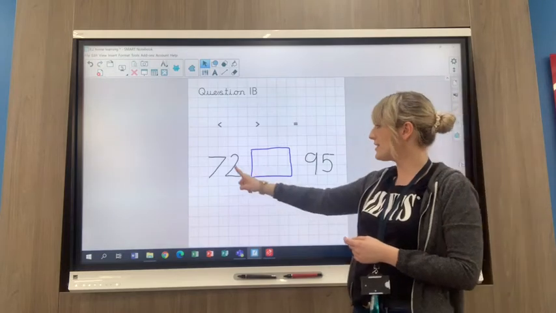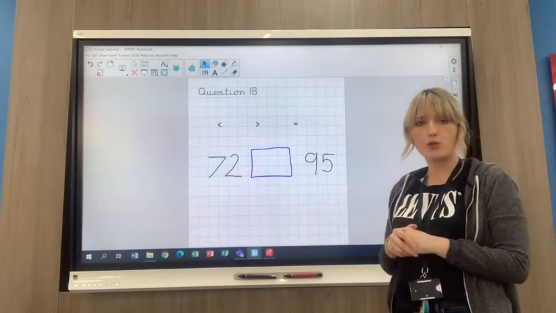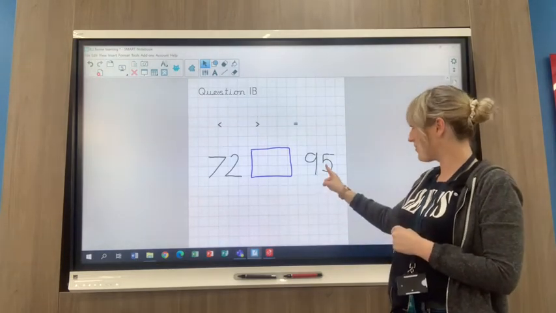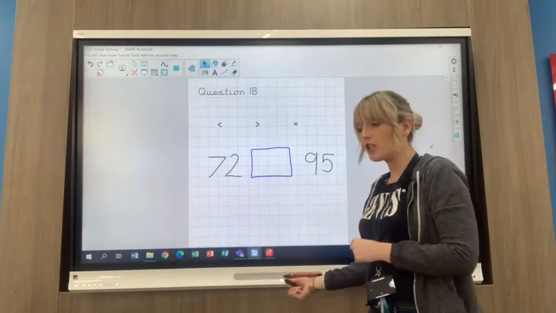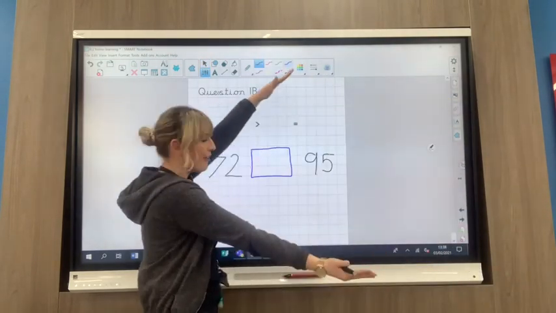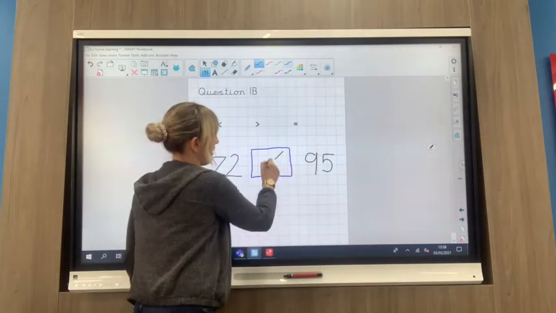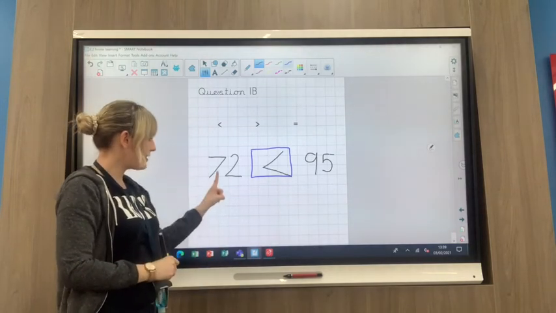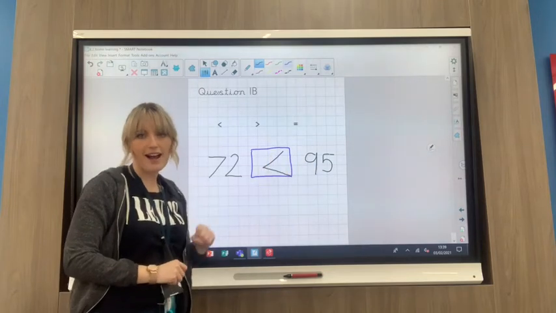So looking at 72 and 95, which one is greater? Say it out loud. Well done if you said 95. So my crocodile is going to open its mouth pointing to 95. Okay, and that reads 72 is less than 95.